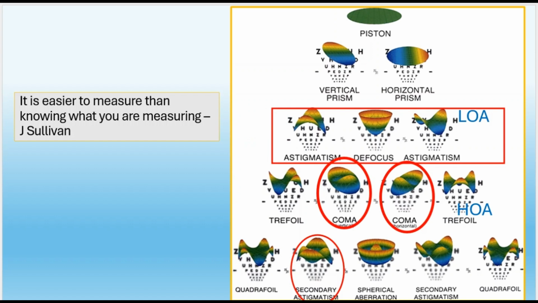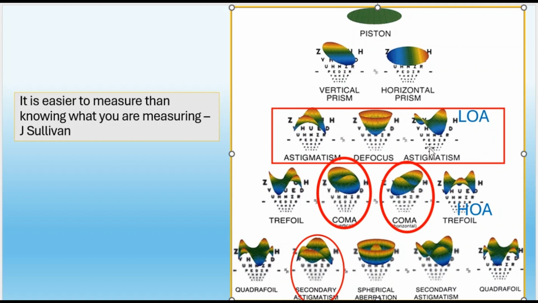Now here you can see the Zernike polynomials. It looks like a little busy slide, but what I'm trying to show over here is that up to this part, the lower order aberrations, the astigmatism, you're correcting with toric IOLs.